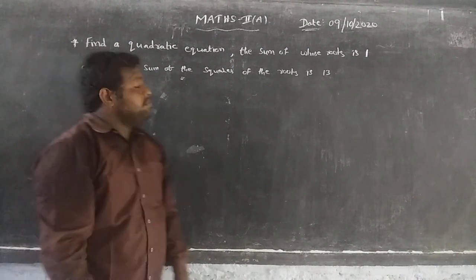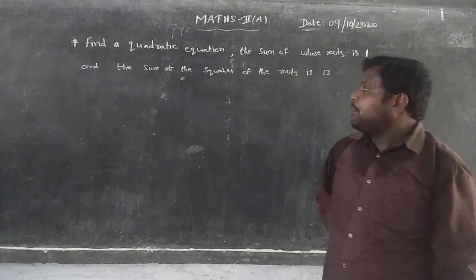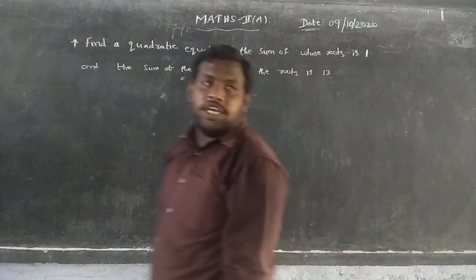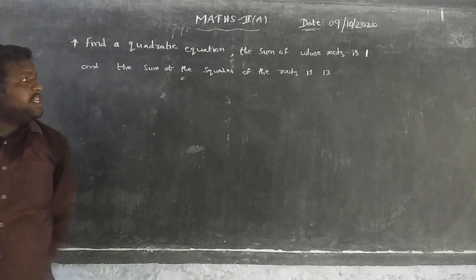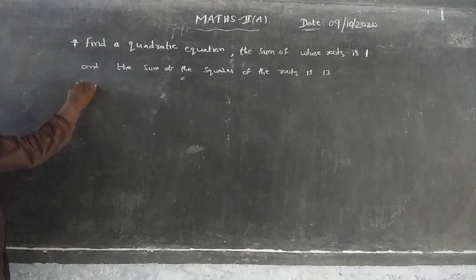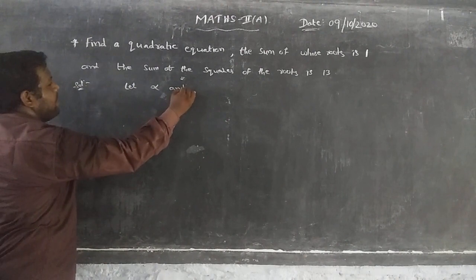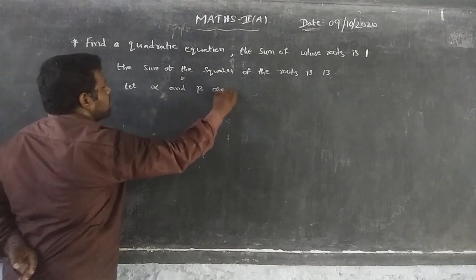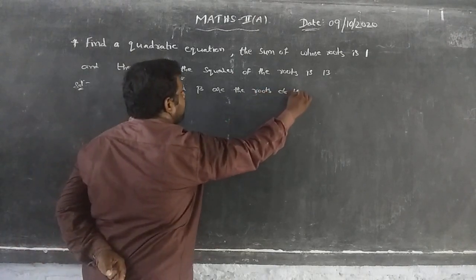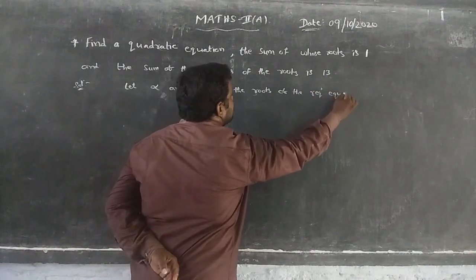What is the given question? We need to find a quadratic equation whose roots satisfy certain conditions. What is the given condition? The sum of whose roots is 1 and the sum of the squares of the roots is 13. Let alpha and beta be the roots of the required equation.